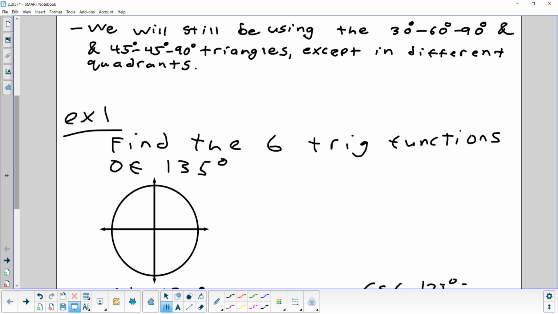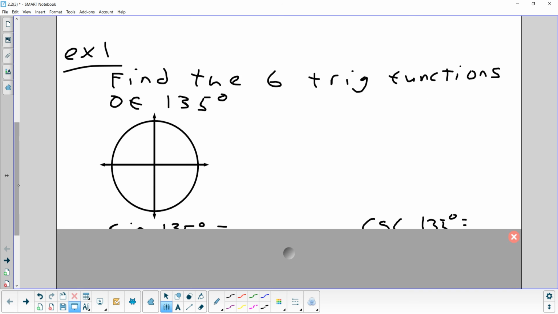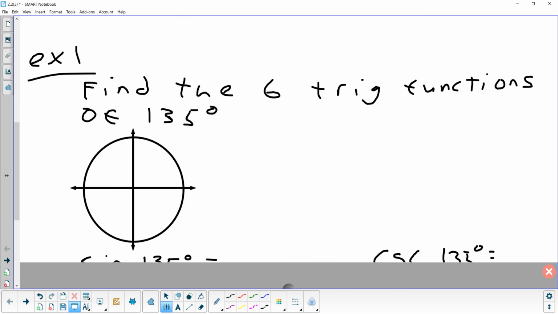Right, so the first thing we'll do is sketch it as accurate as we can on the unit circle. So this is 0. This is 90. This is 180. Can anyone tell me roughly where 135 is?